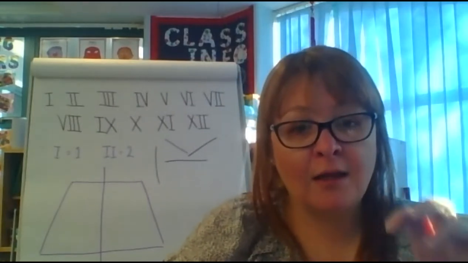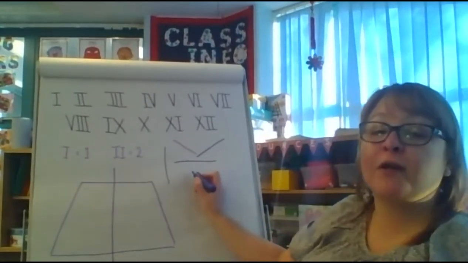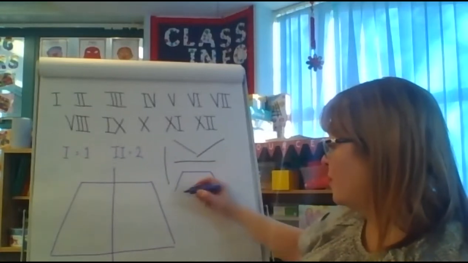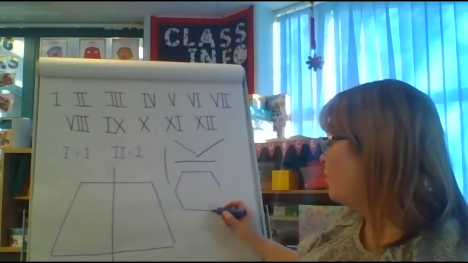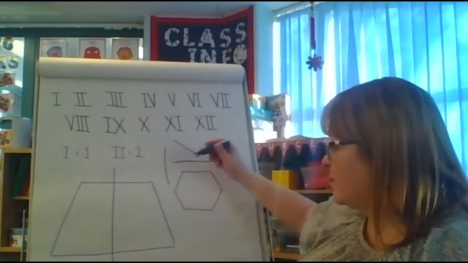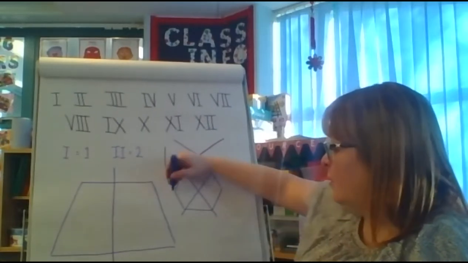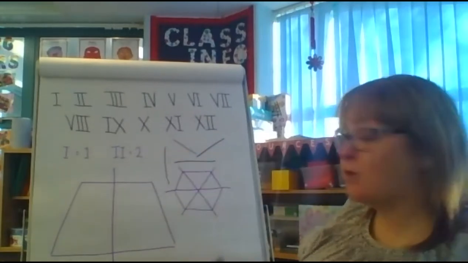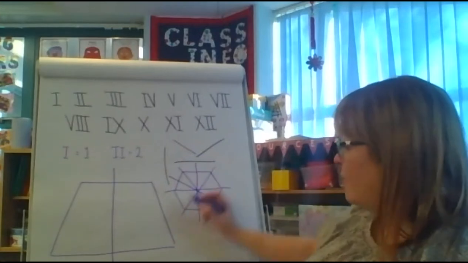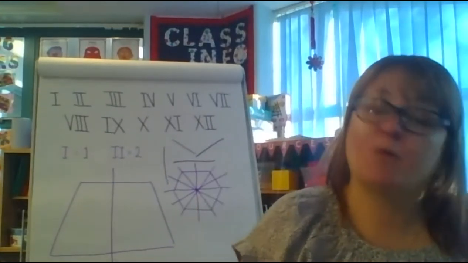So a regular hexagon, not that I'm very good at drawing freehand, but if it has all 6 sides the same and all 6 angles the same, it would have 1, 2, 3 lines of symmetry, 4, 5, 6, because I could fold it and it will all look the same.